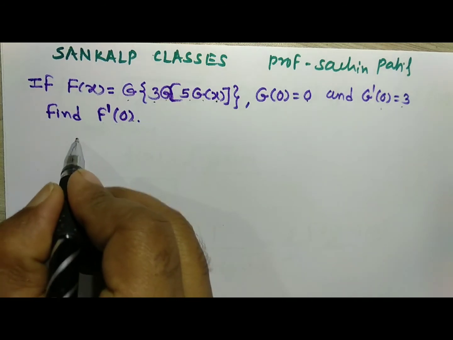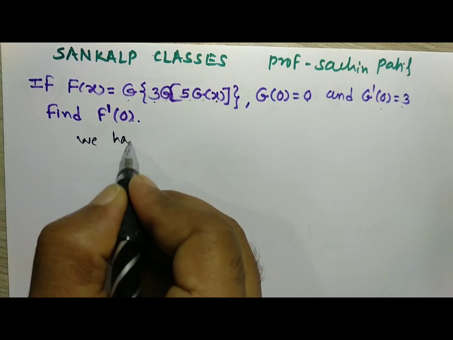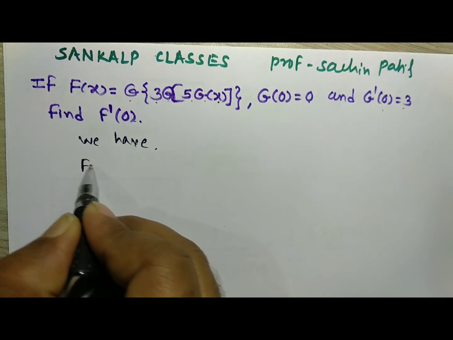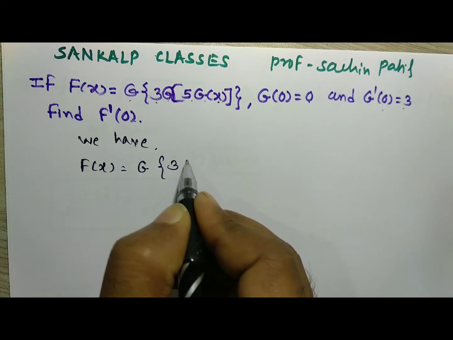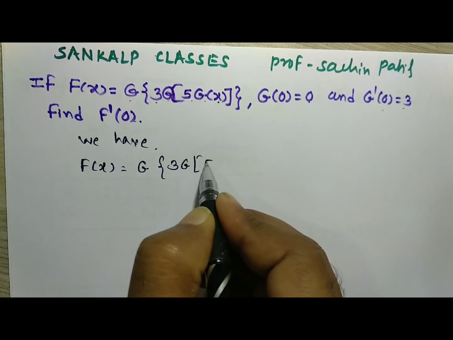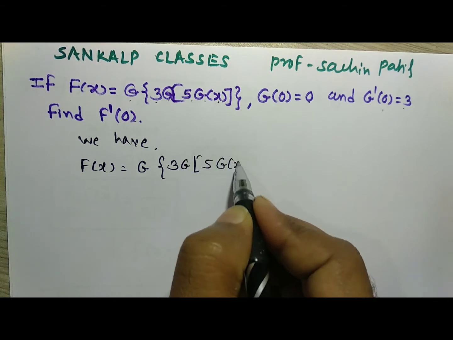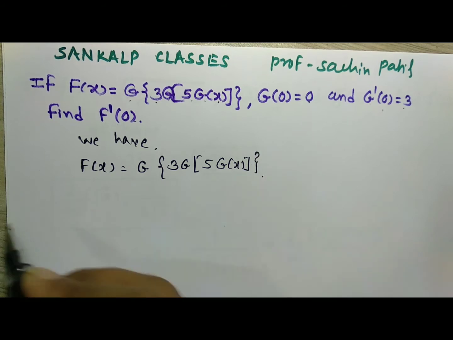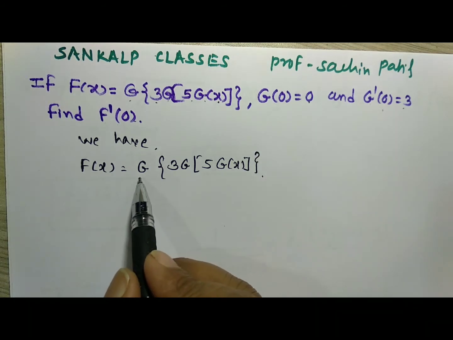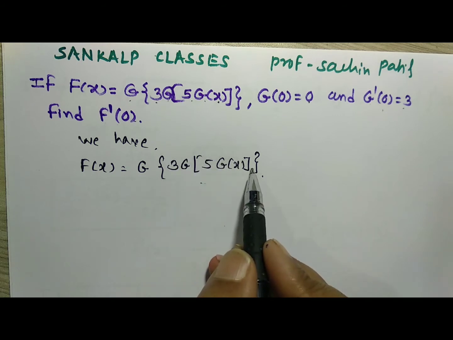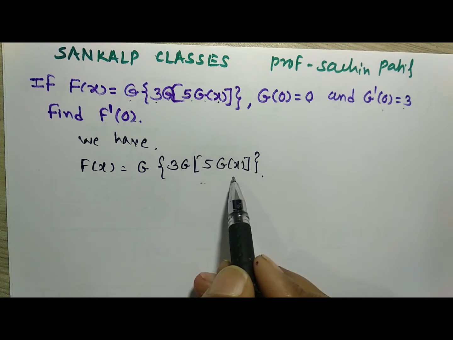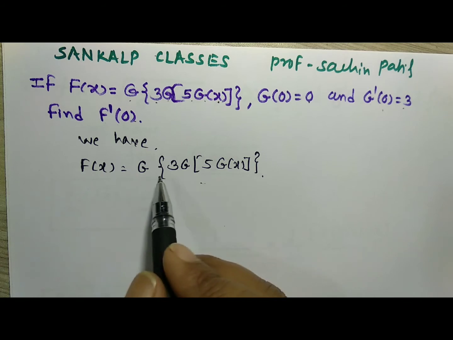That means we have f(x) equal to g of 3g of 5g of x. That means this function is followed by other functions, and therefore it is a composite function, and we want to find the derivative of this.